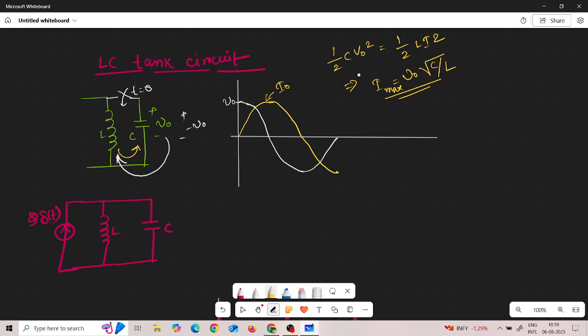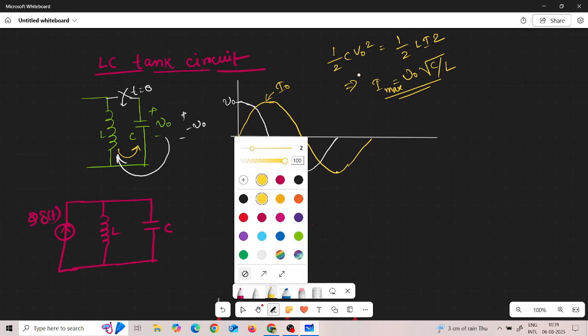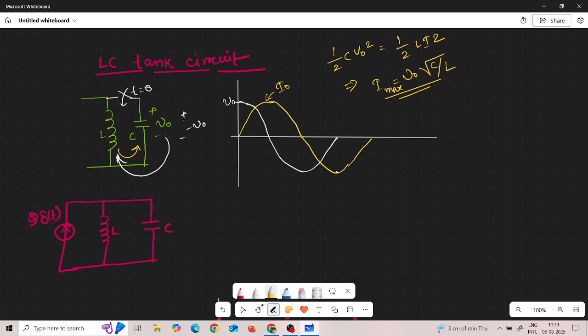Similarly, this process will continue, and the current becomes 0, and the voltage becomes V naught as initial. So this process continues. I showed it for one cycle, as here the inductor and the capacitor both are lossless, so this oscillation continues.